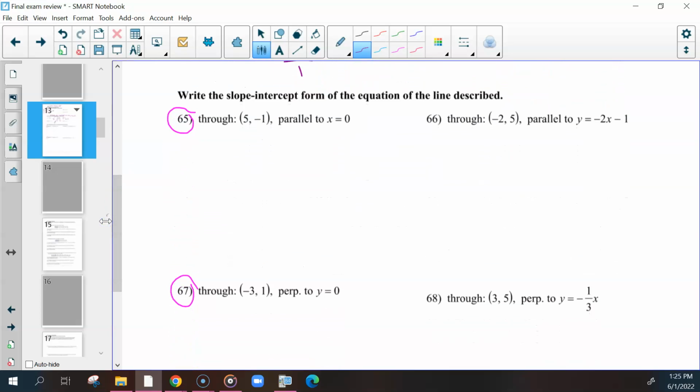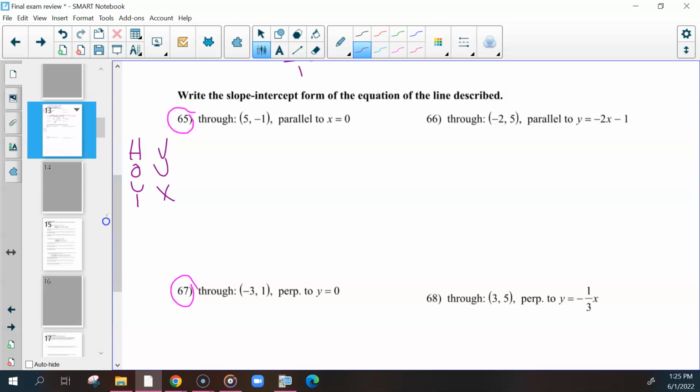For 65, the 2 we're going to do, we don't need to use the point slope formula, but the others you would. In this case, we are given a point and given an equation. We have to find an equation that is parallel to the one given. So if it is parallel, that means the slope has to be the same.